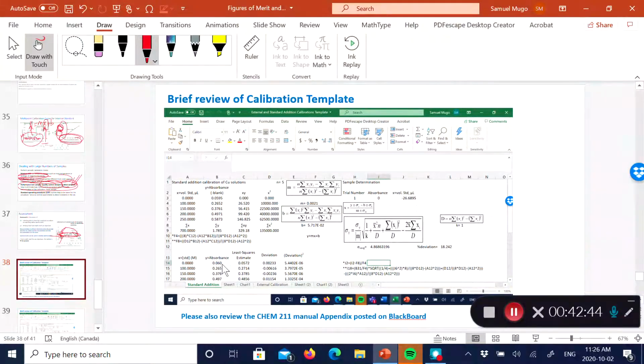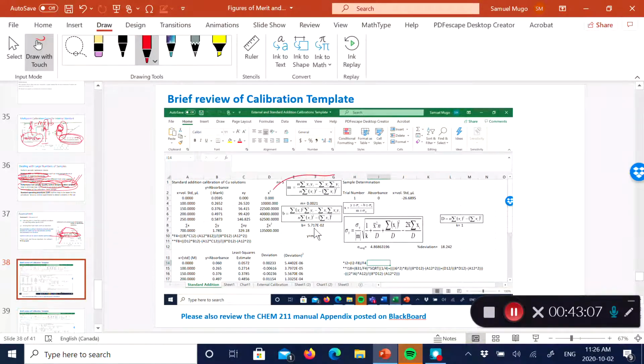And then you can calculate the residual deviations by copying all these data into this section so that you can calculate the deviations and so on. And based on that, you can calculate the m, which is the slope. You can get the b, which is the intercept.